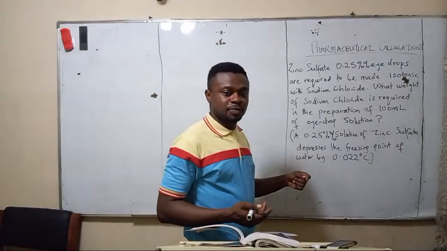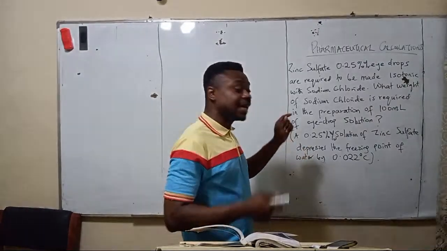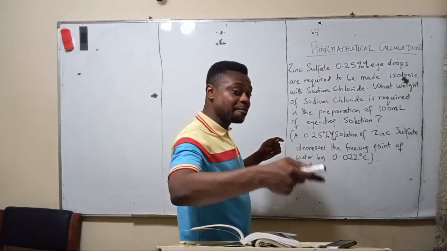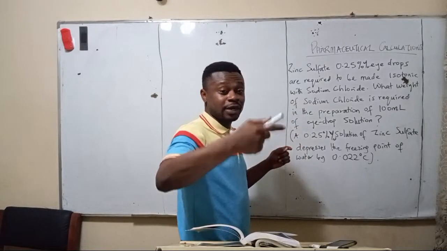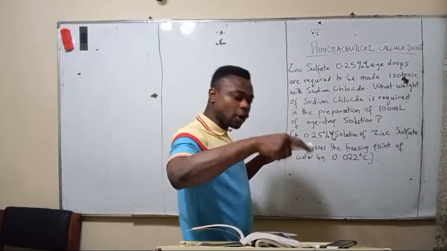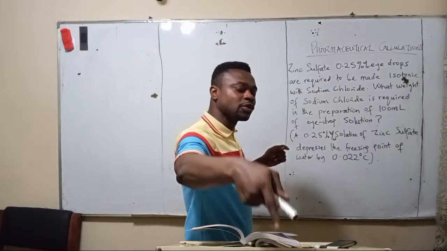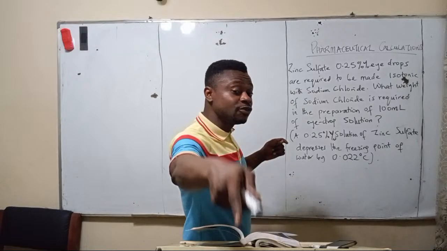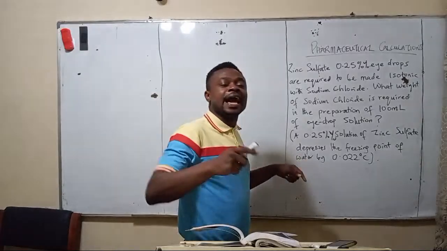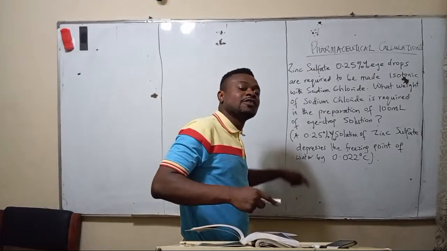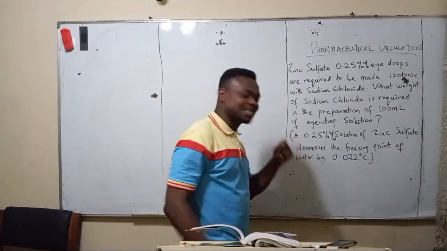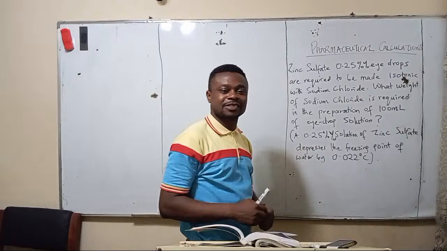Since we know that 0.9 gram in 100 ml, that is 0.9% weight in volume of sodium chloride, can cause a freezing point depression of 0.52 degrees Celsius, we now ask, how many percent of this sodium chloride can cause this difference we got?